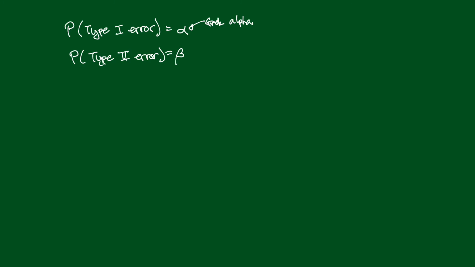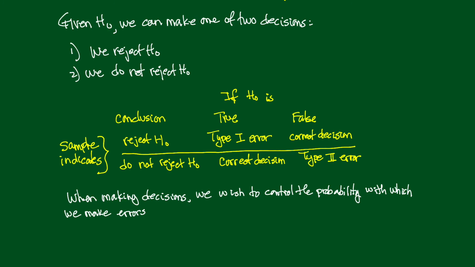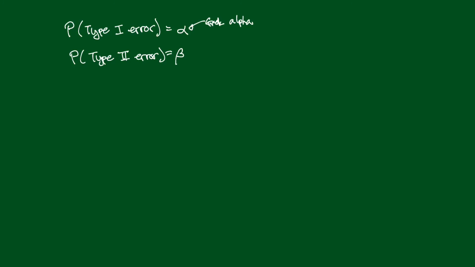Now, a type 2 error, let's just go back and look. A type 2 error is this one. That is not rejecting something that's false. So if H naught is really false and we don't reject it, we've made an error. Now, because we can't do everything in this course, we're going to restrict our attention to these type 1 errors because they're probably a little bit more important to us than a type 2 error.